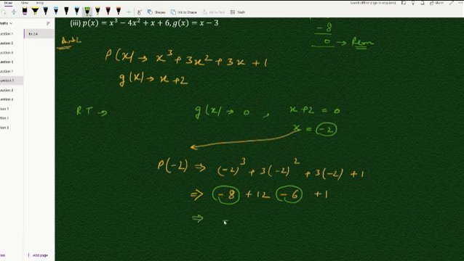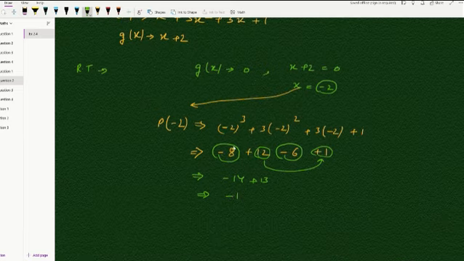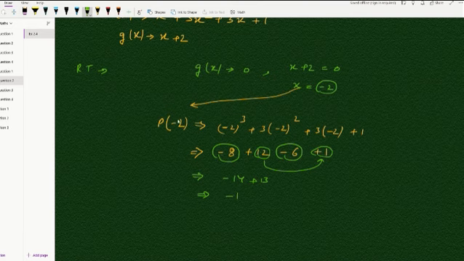It will be -14, and plus 12 and plus 1 उनको भी हम ऐड करेंगे, they will be plus 13. So this is -1, right? It means that on putting the value of x is equals to -2, we have got the remainder as -1.